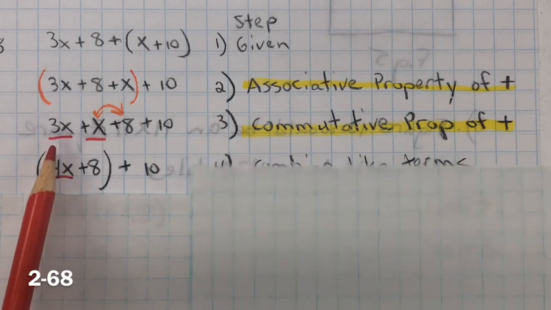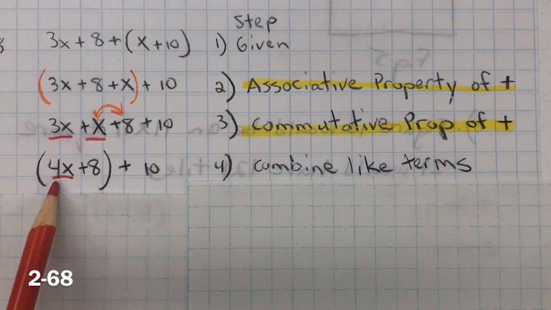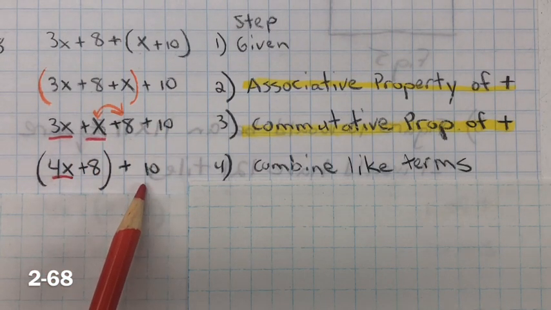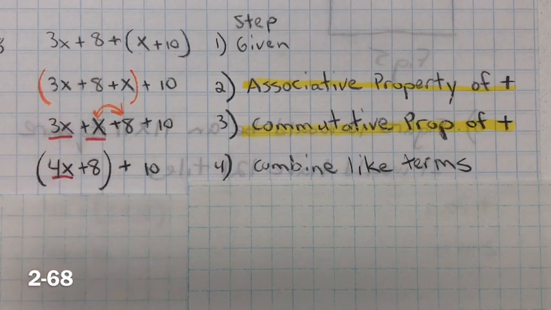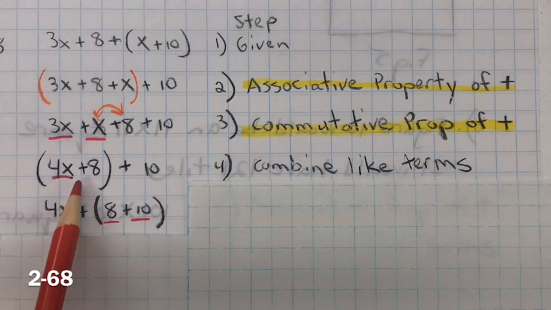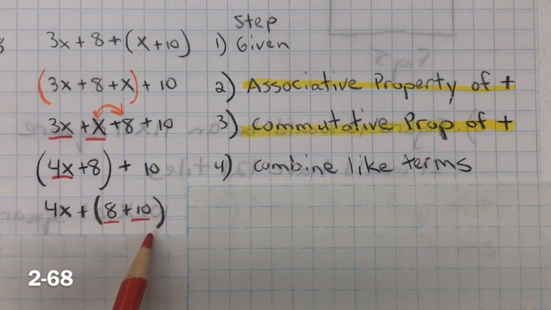Now I've combined like terms. 3x plus x is 4x. 8 and 8, and 10 and 10. So I combined the x terms. Here I have 8 plus 10, and now I group them.